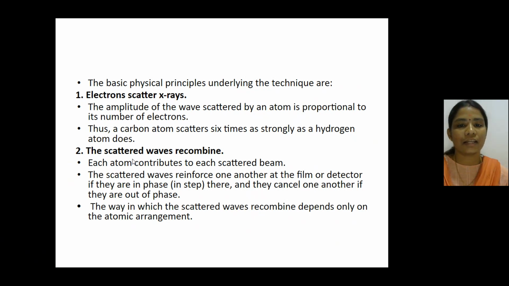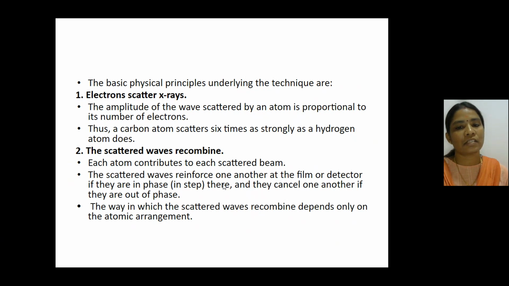The scattered waves recombine, and each atom contributes to each scattered beam. The scattered waves reinforce one another at the film if they are in phase, and they cancel one another if they are out of phase. Waves, when they cross each other, reinforce each other, and the same property applies here with X-rays also.